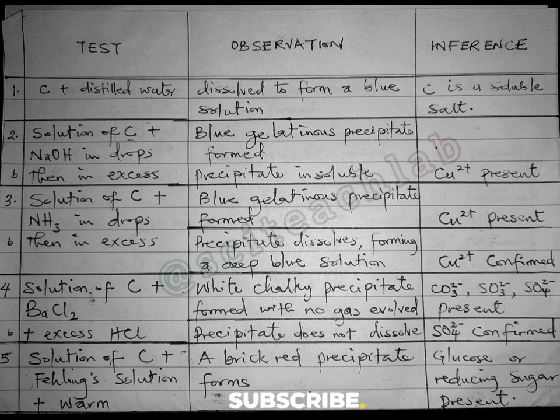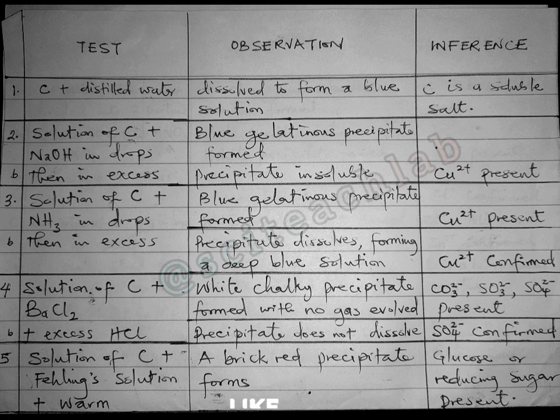So that's when you will say that glucose is present, or you can say that a reducing sugar is present. So you now know that that mixture of two salts is copper sulfate and glucose. All right, so that is salt analysis.